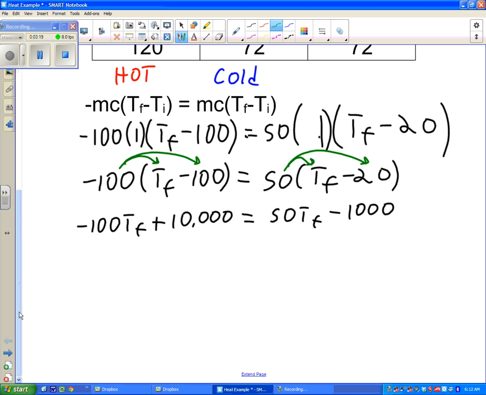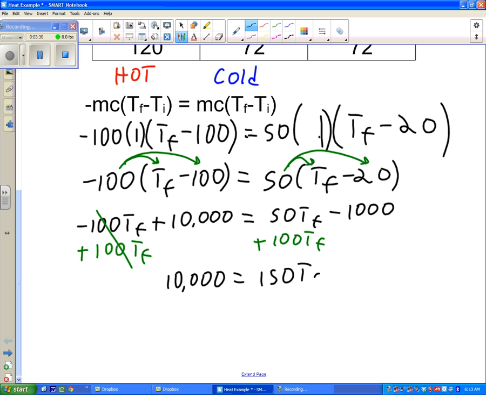So to combine like terms, I'm going to get the TFs on one side. So that cancels, and I'm going to add 100 TF to both sides. And so I have 10,000 equals 150 TF minus 1,000. I'm going to do the same thing with my numbers. I'm going to combine these numbers, add 1,000 to both sides.